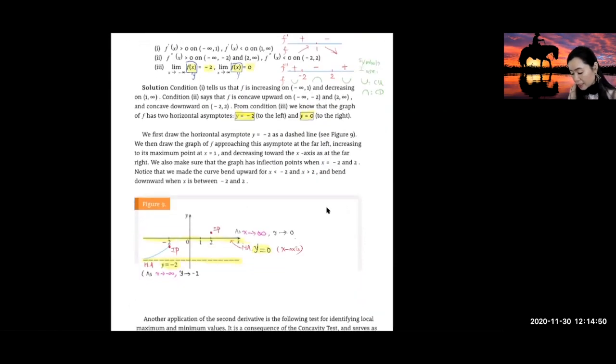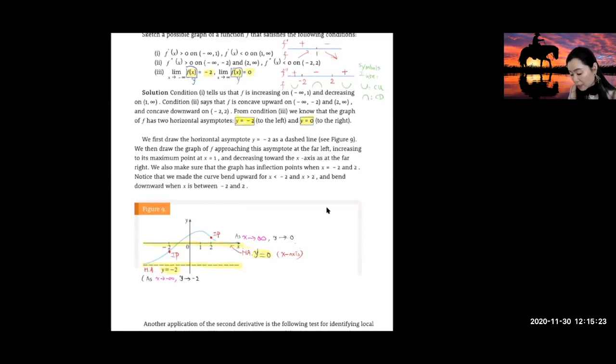So we're going to graph it this way: from negative 2 to 1, it's increasing and concave down. So go like this. Now from 1 to 2, it is concave down, but the function is decreasing. So you draw like this. And after that, it's going to be decreasing and then concave up.